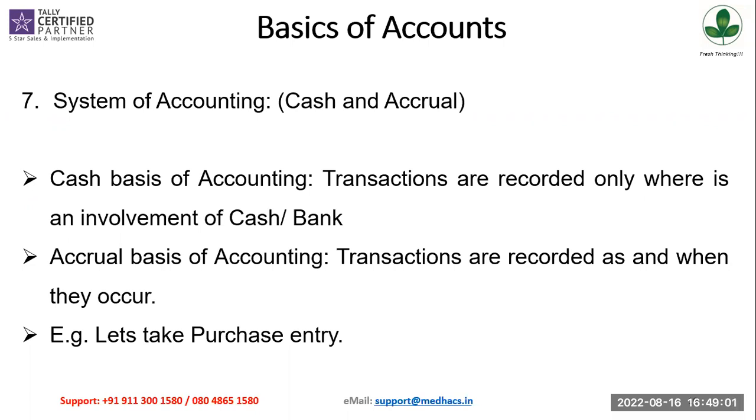Today I purchased worth 2,000 rupees, but I'm paying after 1 week. The transaction will get recorded only when I make the payment, not today. So the liability doesn't get created in the books of accounts. Only cash transactions are maintained.